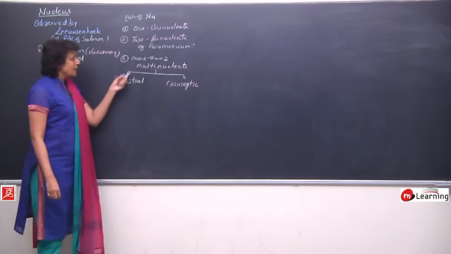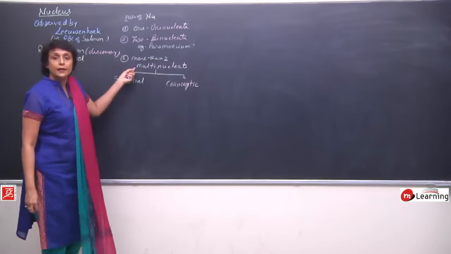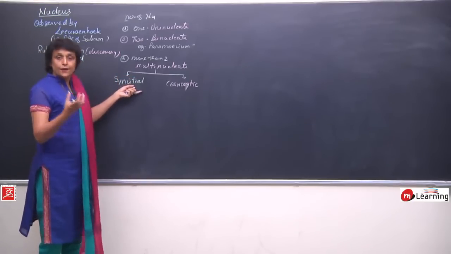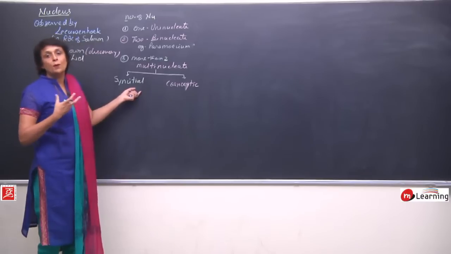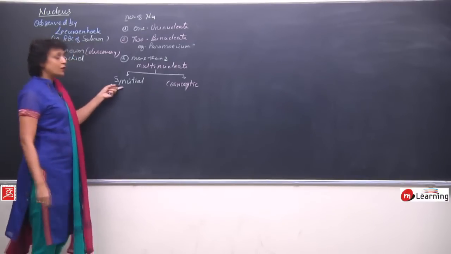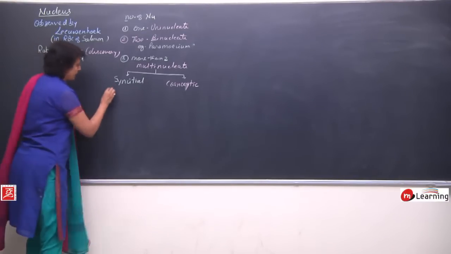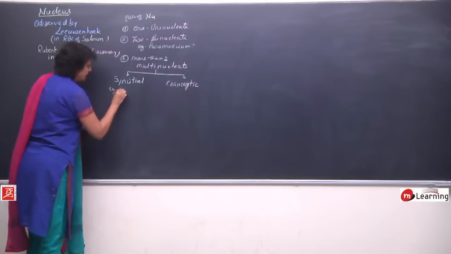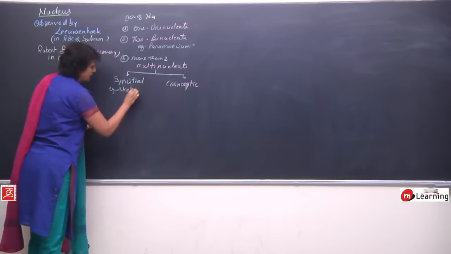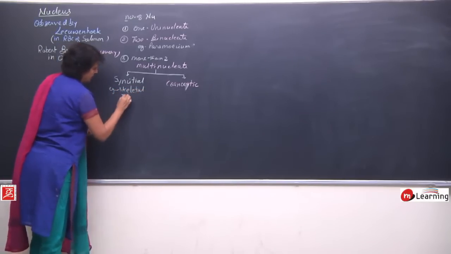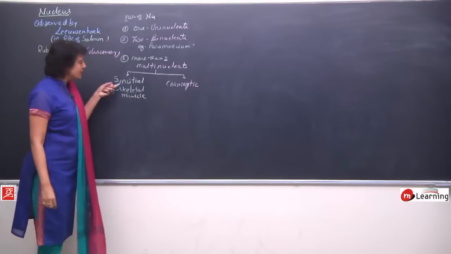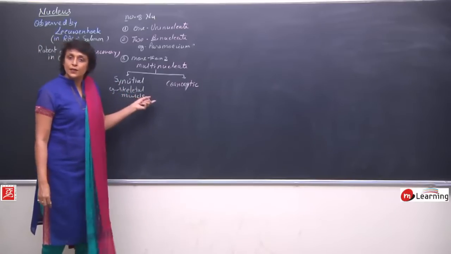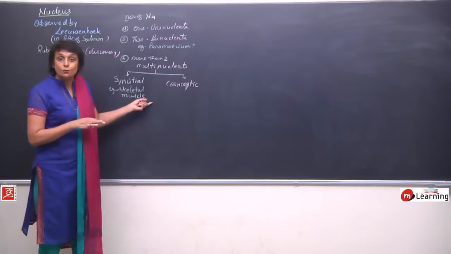Multinucleate obviously, but how did they become multinucleate? It is believed that many uninucleate cells fuse to form a multinucleate cell. Then it will be called syncytial. Example, skeletal muscle. One more important thing is that the syncytial term is normally used in reference to animal cells.